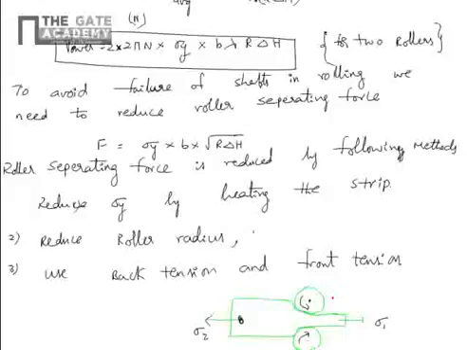So you are pulling in opposite directions. If you pull like that, obviously that will also reduce the force generated between the roller and the strip. Sigma 1 equals front tension, sigma 2 is back tension.